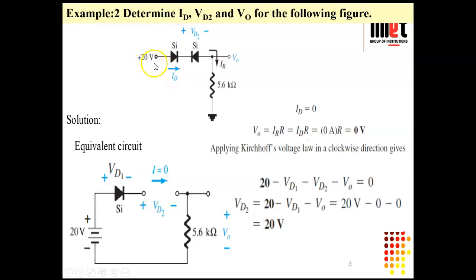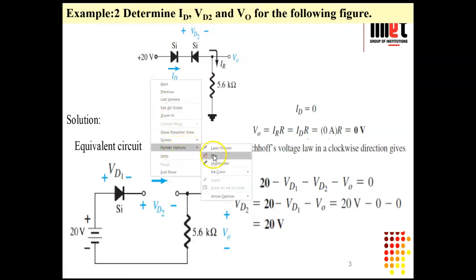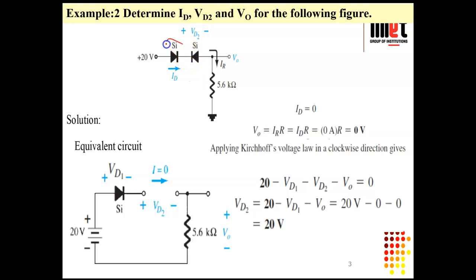Plus 20 volt has been applied here. First this diode, let me take a pointer so you will understand easily. This diode, this one, will be forward biased, which means it will be short circuit, or it may be replaced with 0.7 volt.